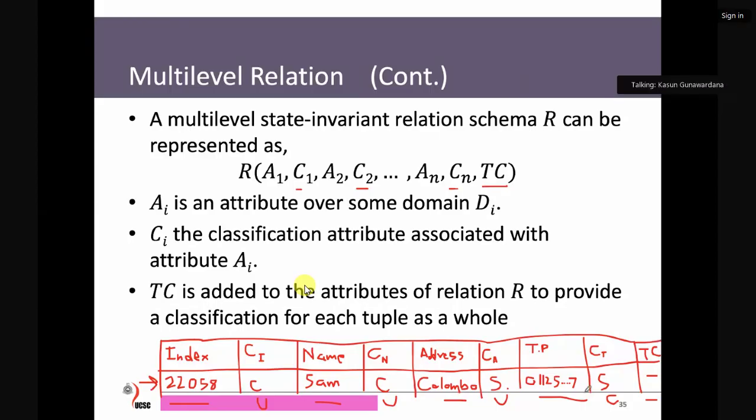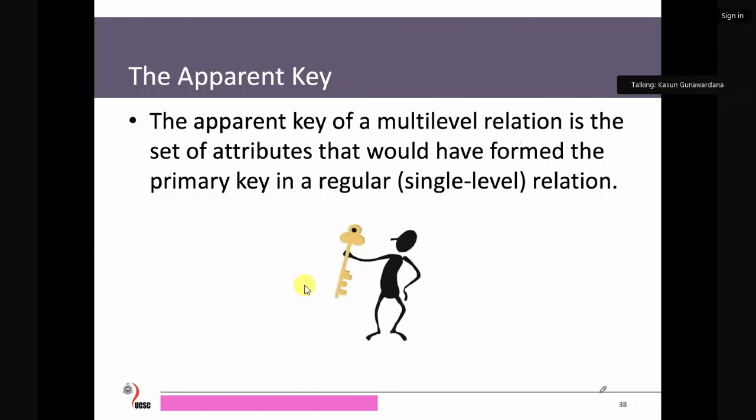We can easily take index number as the primary key, because index number is a unique attribute for each and every student. Then index number is the primary key in such an environment. So when we come to the multi-level relational model, we call that attribute the apparent key, not the primary key.